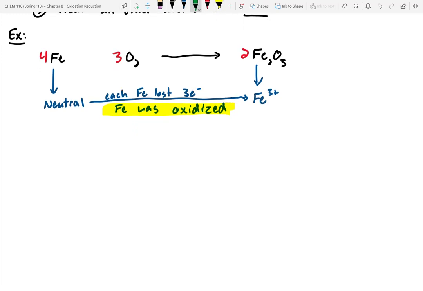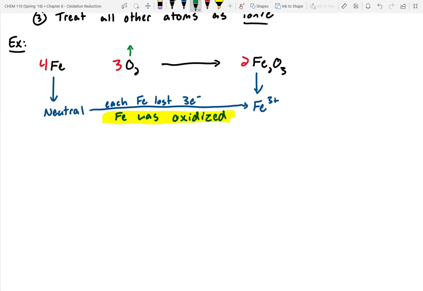With oxygen up here, it's by itself, so it must be neutral. And then what charge does oxygen have if we're treating it as ionic? It's in group 6A, so -2. It'll be O2-.